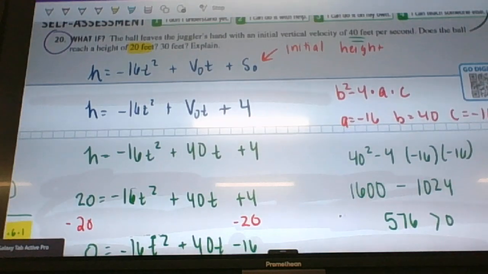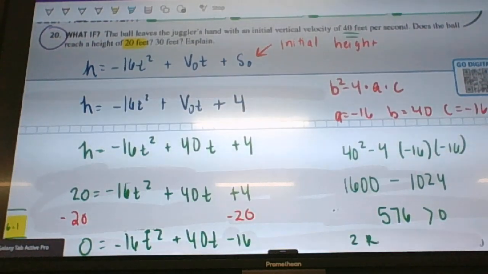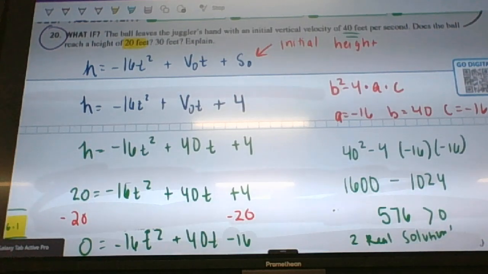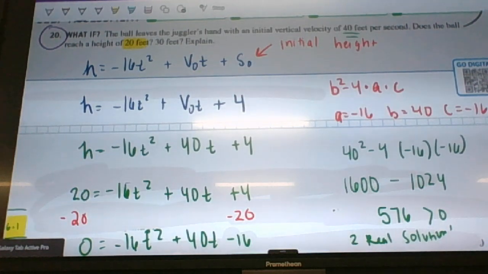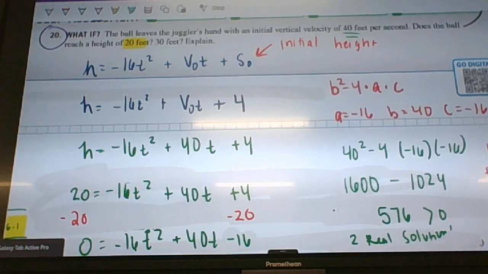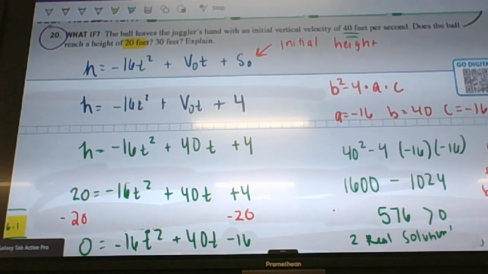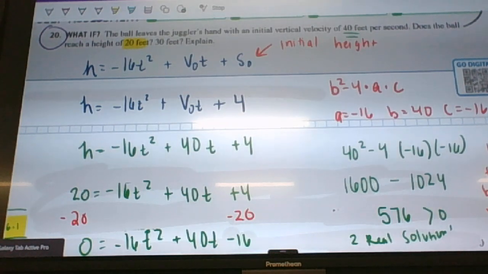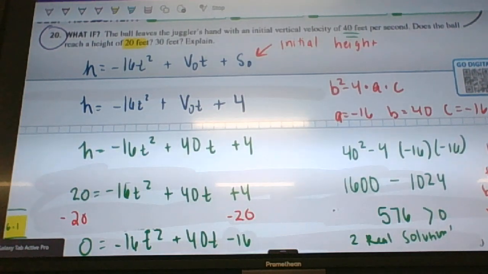So this has 2 real solutions. So my answer is yes. This ball does go 20 feet in the air. It reaches a height of 20 feet.